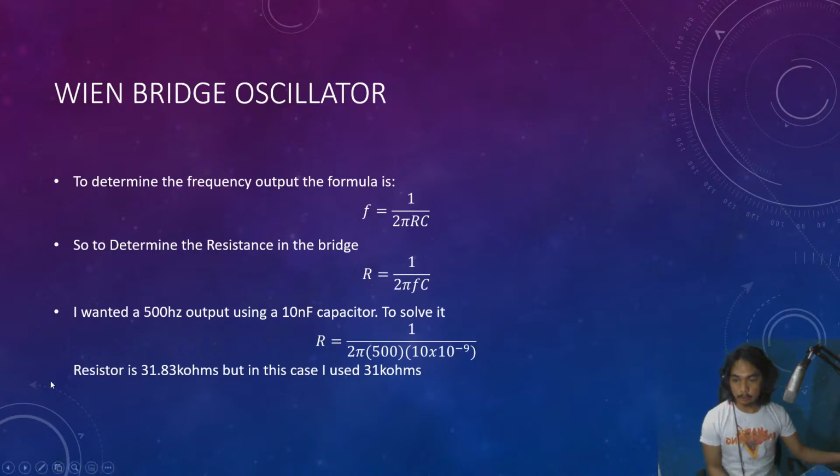I wanted a 500 hertz output using a 10 nanofarad capacitor. To solve it, R equals 1 over 2 pi times 500 times 10 times 10 raised to negative 9. The resistor that I got is 31.83 kilo ohms, but in my case, I used 31 kilo ohms only.